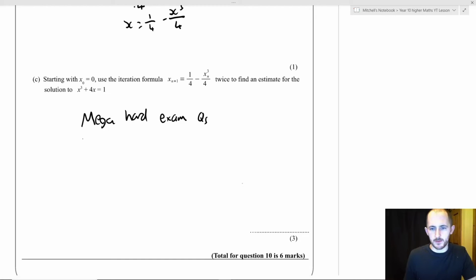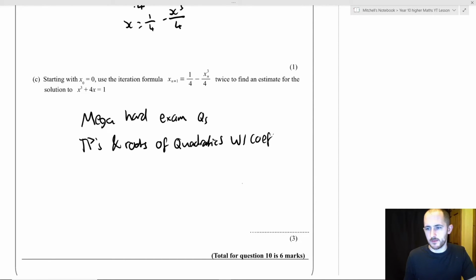Okay, so turning points and roots of quadratics. Okay, sure, yeah, we can do that.